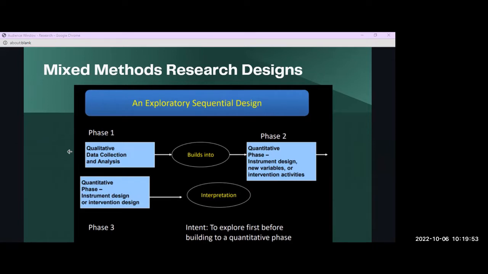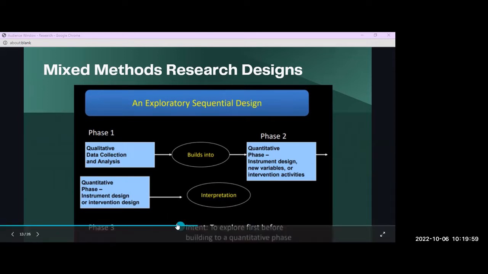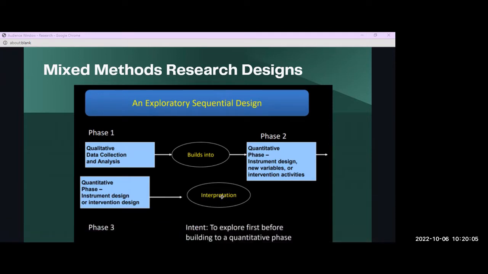In fact, tool development involves exploratory sequential design. So meaning, in tool development, you conduct interviews first. Like, for example, exploring the dimensions of teacher self-efficacy beliefs, or Filipino teachers' sense of self-efficacy beliefs.